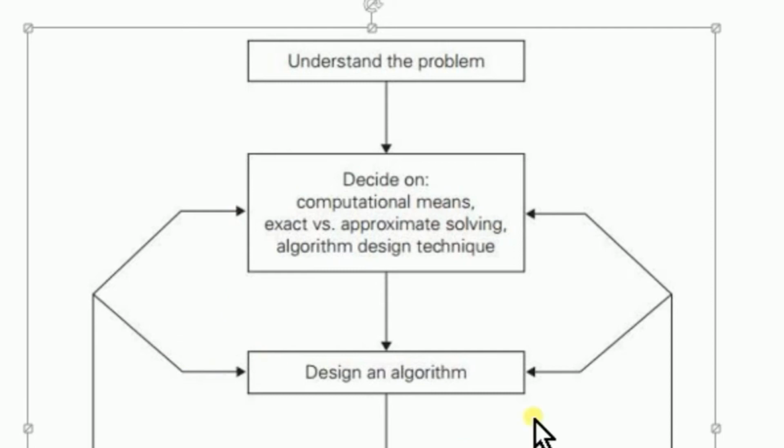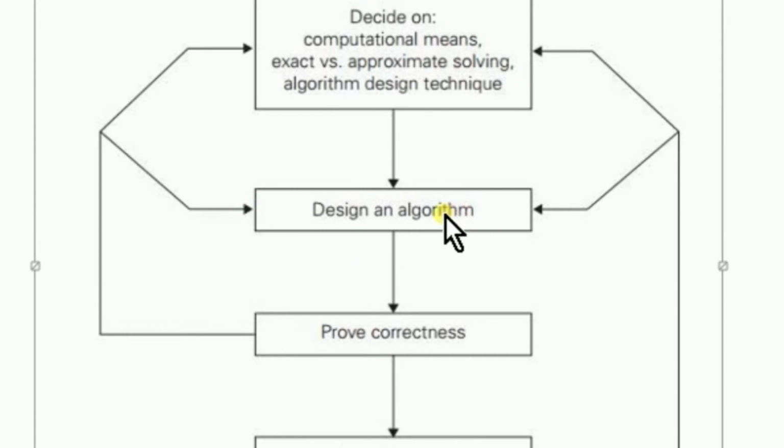And then we will go for proof of correctness. After designing an algorithm, we will check whether the designed algorithm is correct or not. We'll try to prove that. If it is not correct, again we will go back.